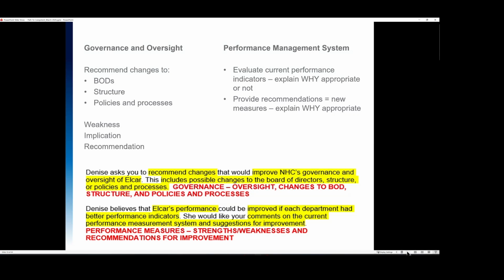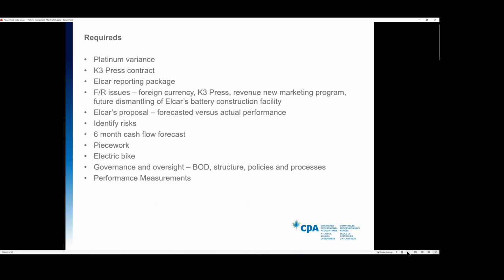At this point, we have now completed reading the narrative for the performance management requirements. I would recommend that you take one of the blank pages from your rough booklet and write each of those requireds down. It's a step you're going to need to do at some point anyway.